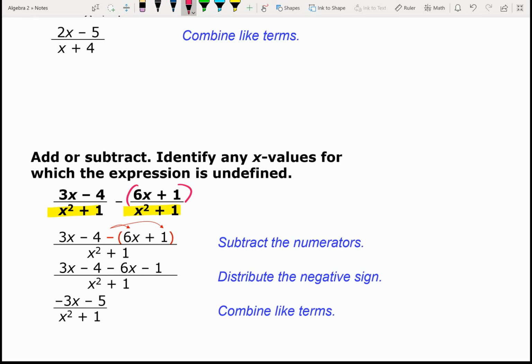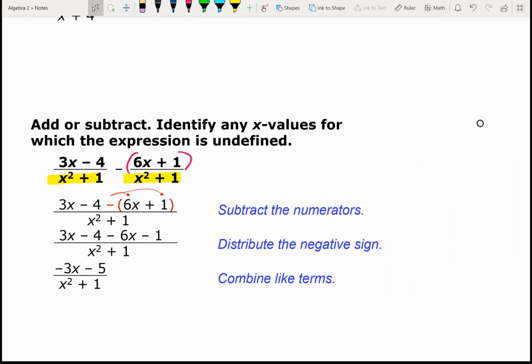So negative times 6x will be negative 6x, and negative times a positive 1 will be negative 1. And then I can combine my like terms. 3x minus 6x will give me negative 3x. And then negative 4 minus 1 will give me negative 5. Again, the denominator was the same, so I can just subtract, but remember to distribute the negative.